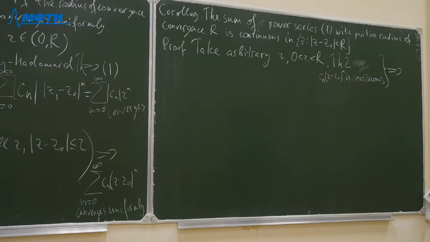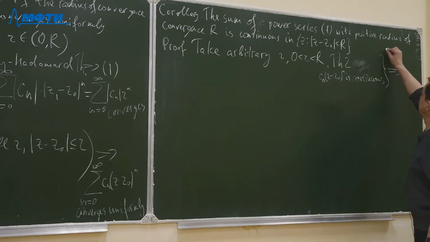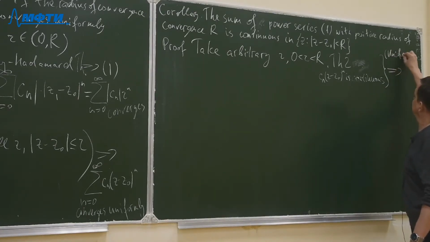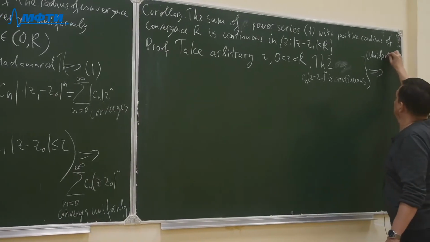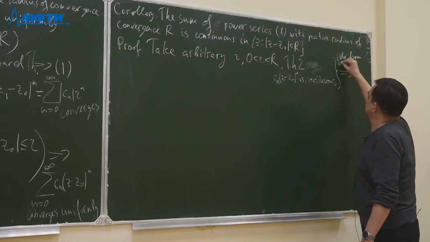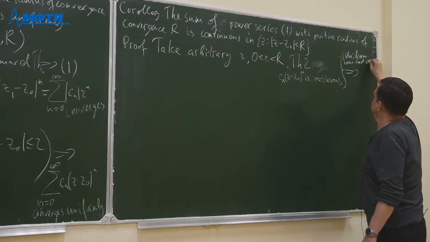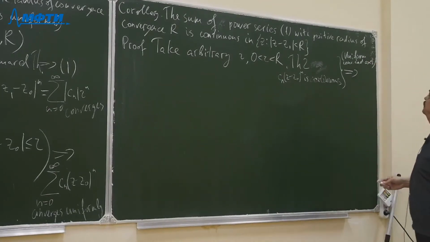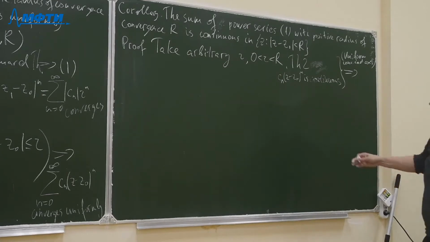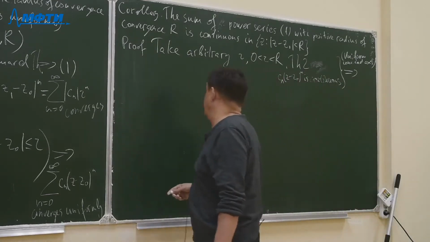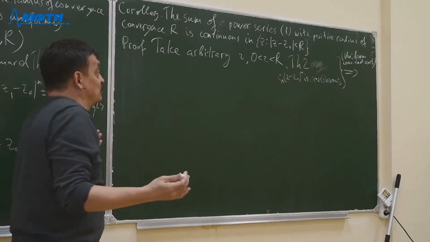If a functional series converges uniformly somewhere, then its sum is continuous. This fact implies that we proved it for an arbitrary functional series.